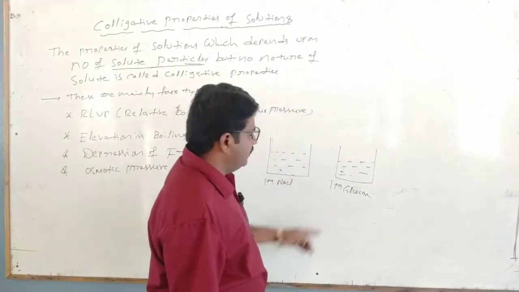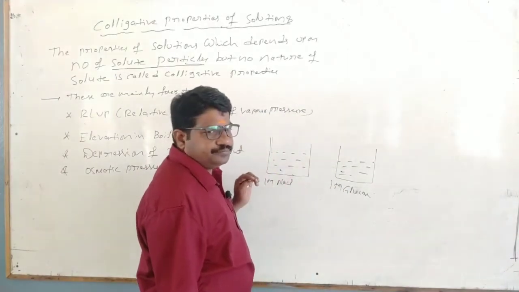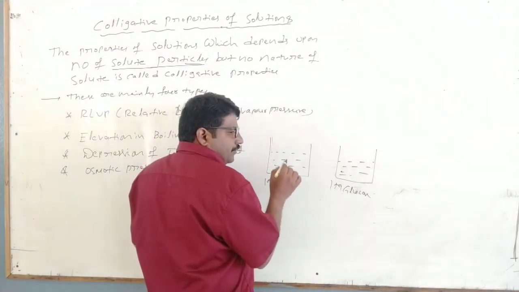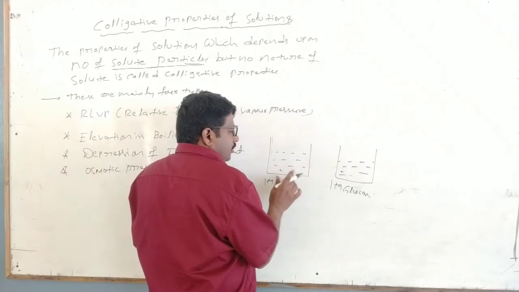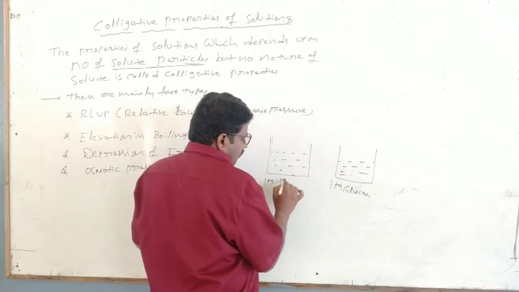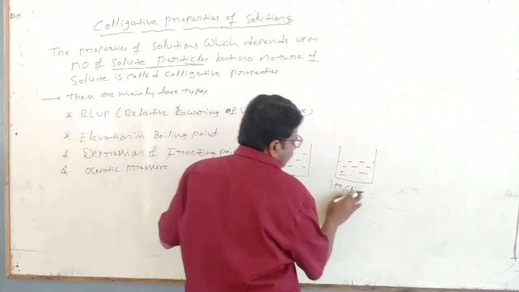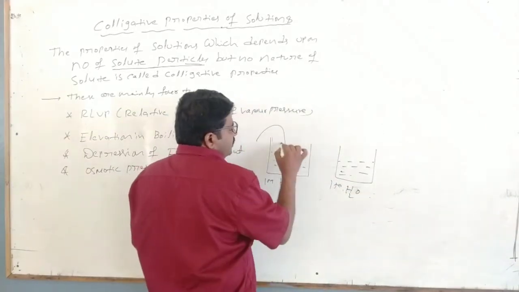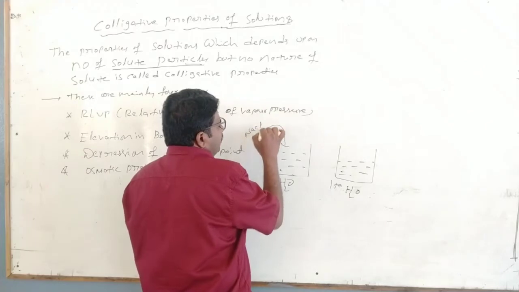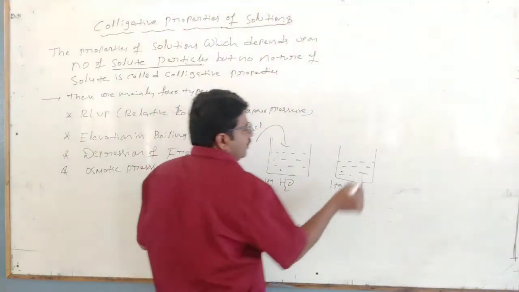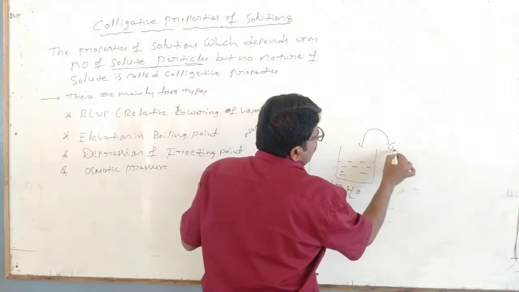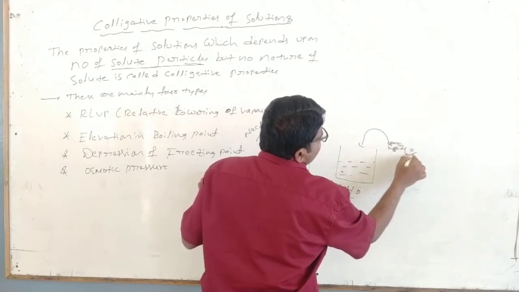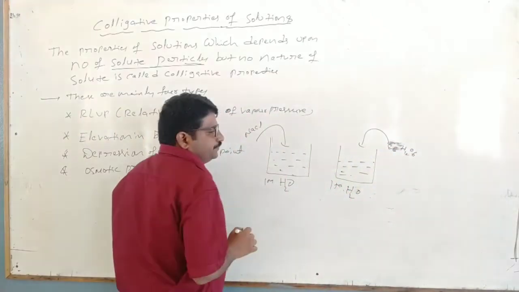In H2O, NaCl is dissolved in one and glucose, C6H12O6, is dissolved in the other.